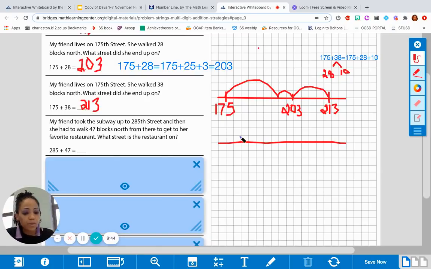All right, so we have 285, and we want to add 47. What might I break up the number 47 into? How can I find a friendly number? What am I going to go to first? Yeah, I probably want to go 15 first, which gives me 300.